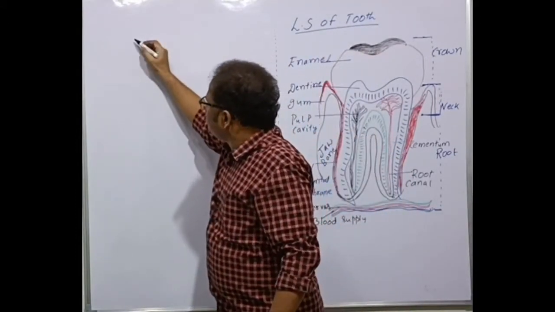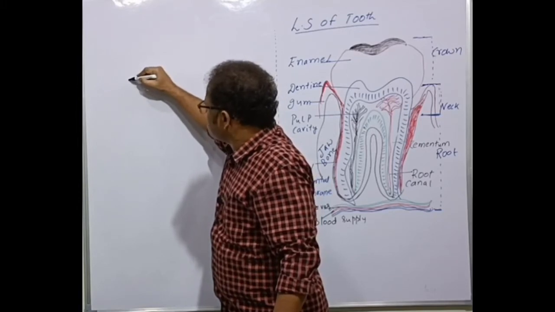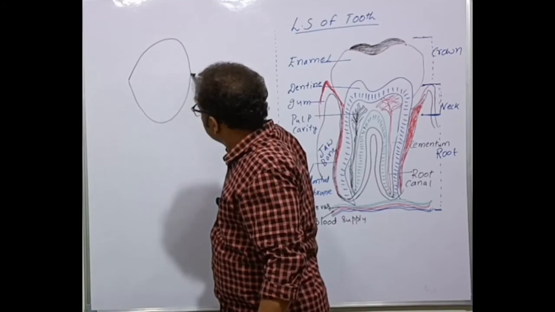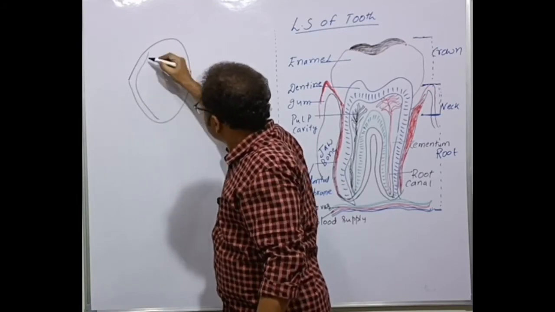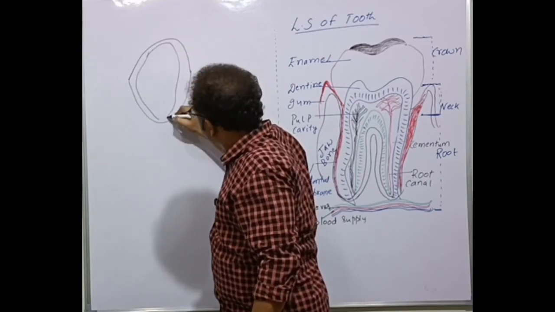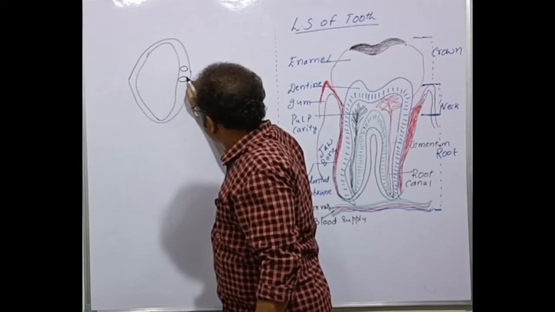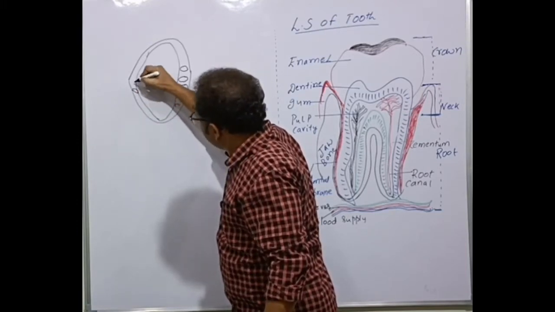So teeth are present in the jaw sockets. These are the sockets where the teeth are present, and these are the actual teeth, for example.